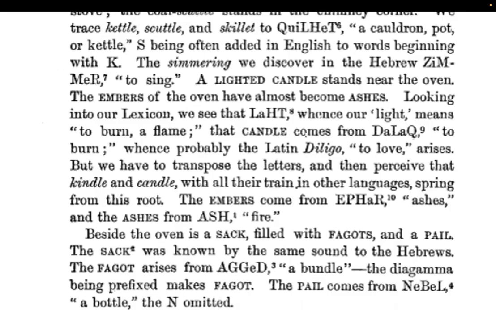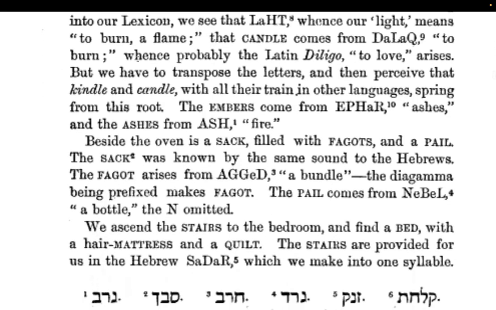But we have to transpose the letters and then perceive that kindle and candle, with all their trains in other languages, spring from this root. The embers come from efar, ashes, and the word ashes from ash, fire.